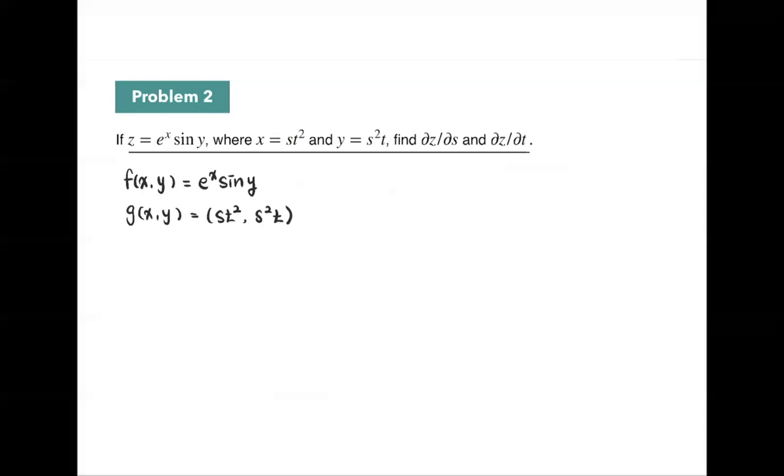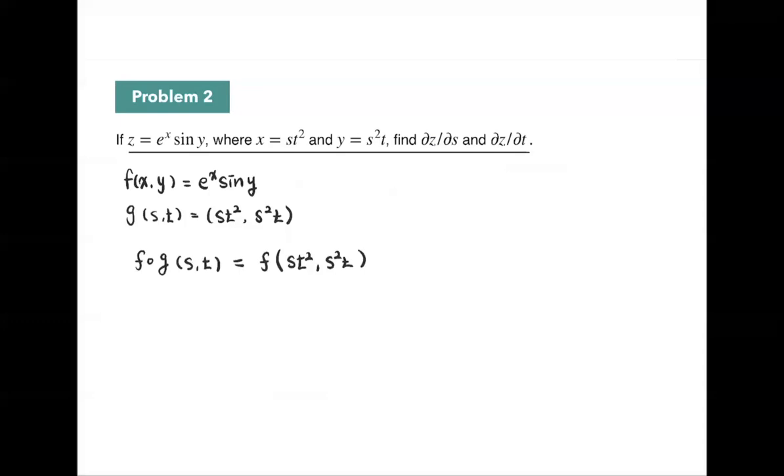I think it is not a good notation here. It must be s and t. S and t. And okay. So if we think about this one, then it is like this, and then you can see that g over st is st squared, s squared t.